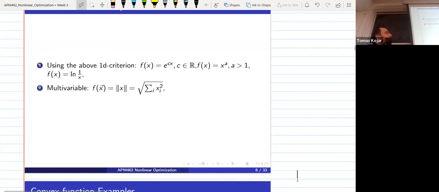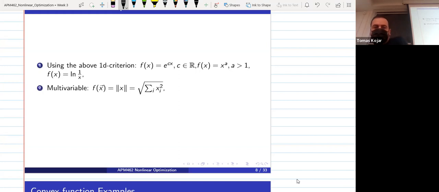Multivariable. The norm, any norm, is convex using the triangle inequality, but you don't know what a norm is. So for now, we're just going to talk about the Euclidean norm. Let me prove that this is convex using just the definition, because I haven't proved the second order condition yet.